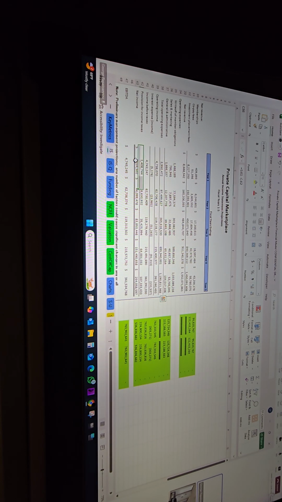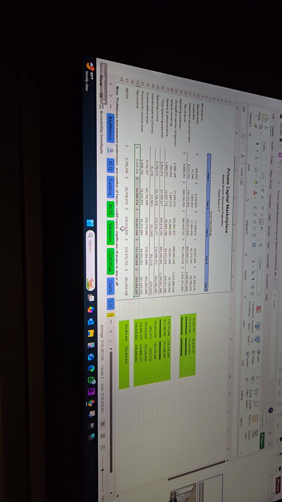So valuation, we get to that magic number, which is net cash flow to equity, which is different than net income. Net income is just an accounting convention. It doesn't tell you anything about how much cash is coming in and out because of timing differences.